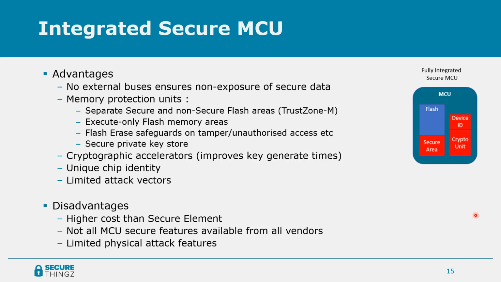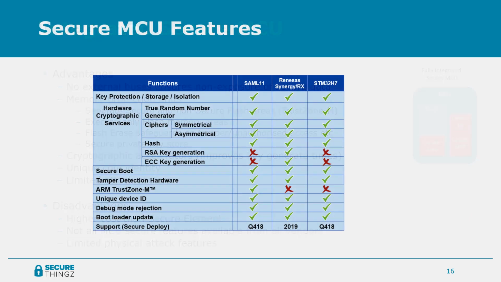Disadvantages are their slightly higher cost than a secure element, and not all the MCU secure features are available from all vendors. There is usually an assortment of the different secure elements on different MCUs. So here's some MCUs that are supported by the Secure Thingz toolset.